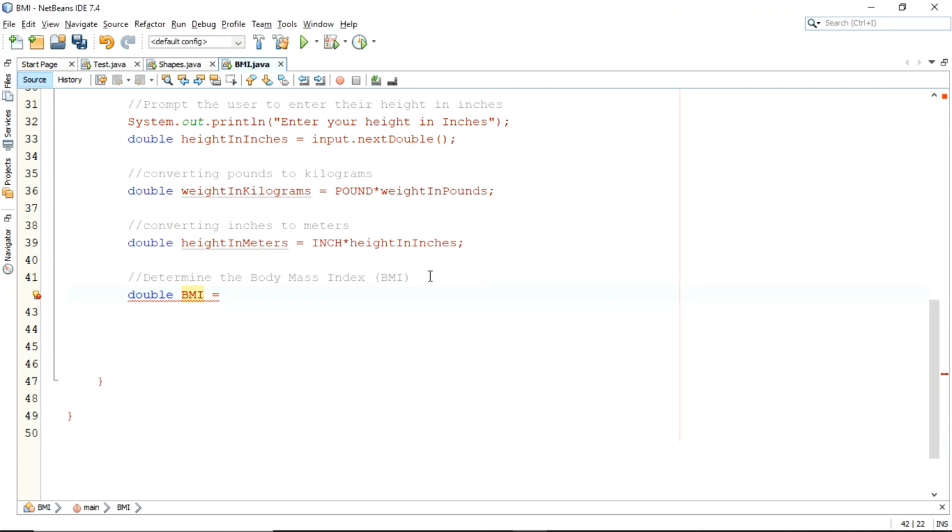So the height squared here, we could easily say height in meters times height in meters, but we can as well say math.pow, then we have our height in meters, squared.